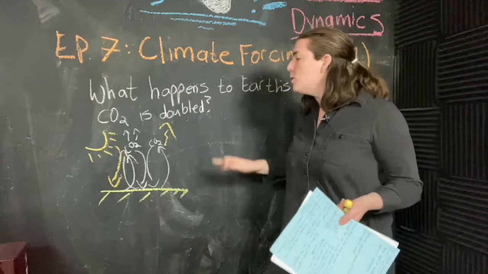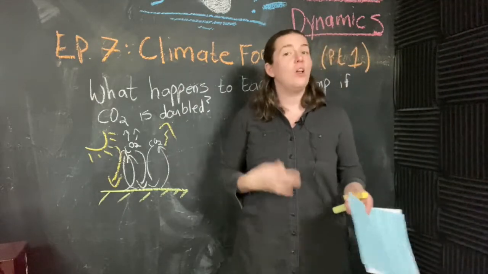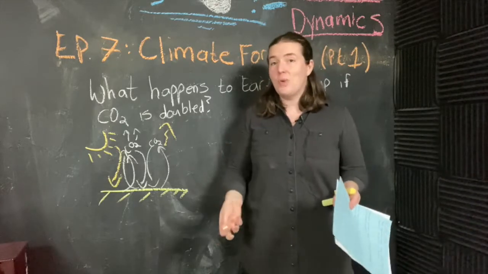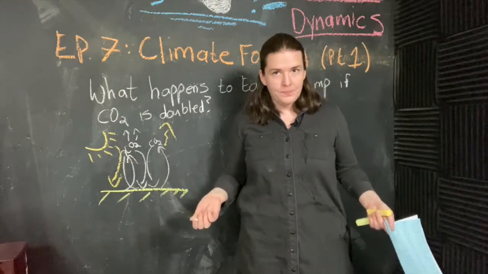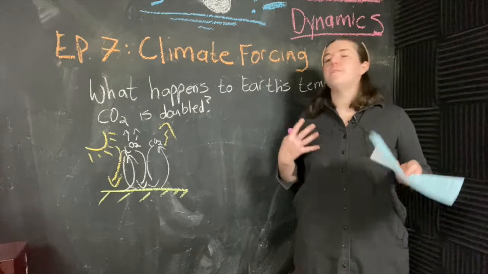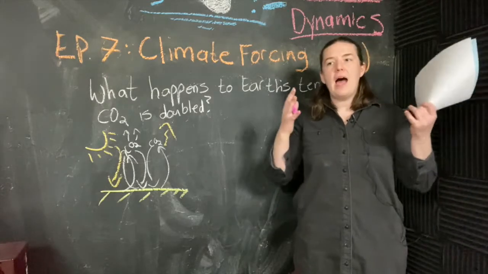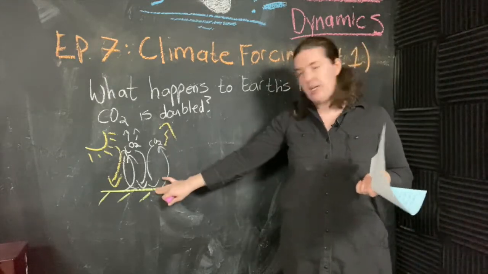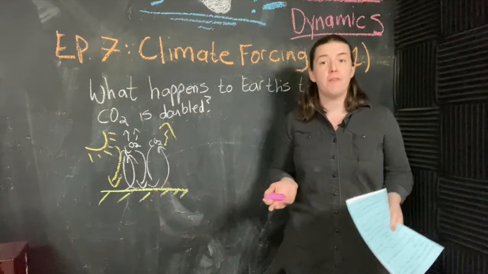So conceptually, I think we've got a handle on what's going on, but I want to put some numbers to it. What we want to figure out is how much more energy is going to get redirected back to the surface.